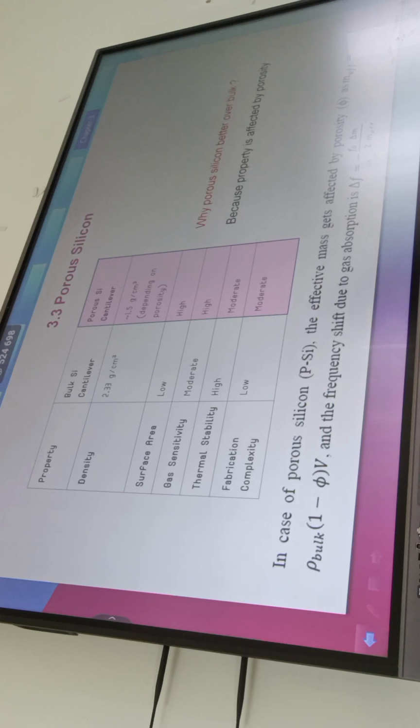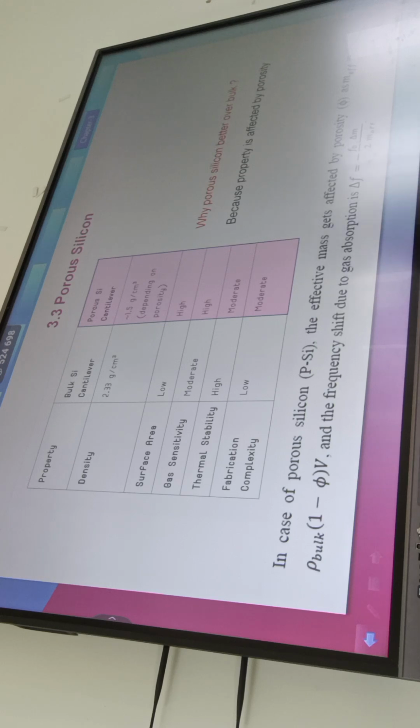Because of its porosity, it can show better results when used in gas sensing. As it has high surface area, on that cantilever design, if we can design a device, it can be used as a good gas sensor.